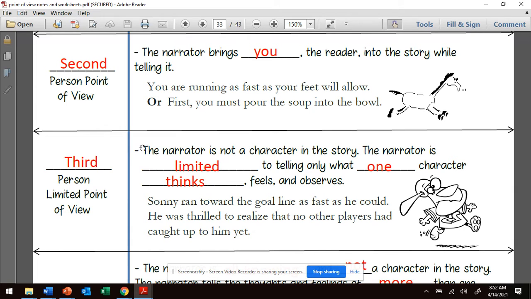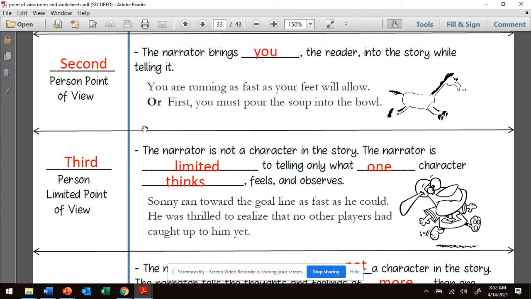The narrator is limited to telling you only what one character thinks, feels, and observes. The sentence, Sonny ran toward the goal line as fast as he could. He was thrilled to realize that no other players had caught up to him yet.